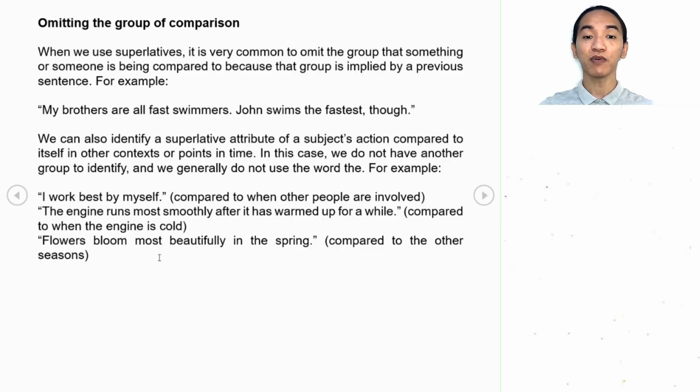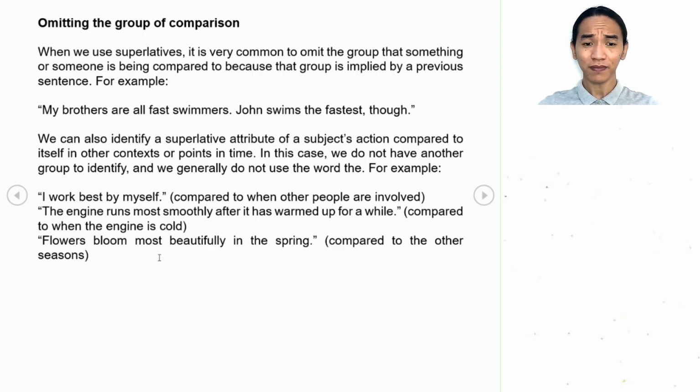Example: my brothers are all fast swimmers. John swims the fastest though. So we do not put the group of comparison, like John swims the fastest of all the brothers. We omitted that just because we already mentioned the group of comparison.